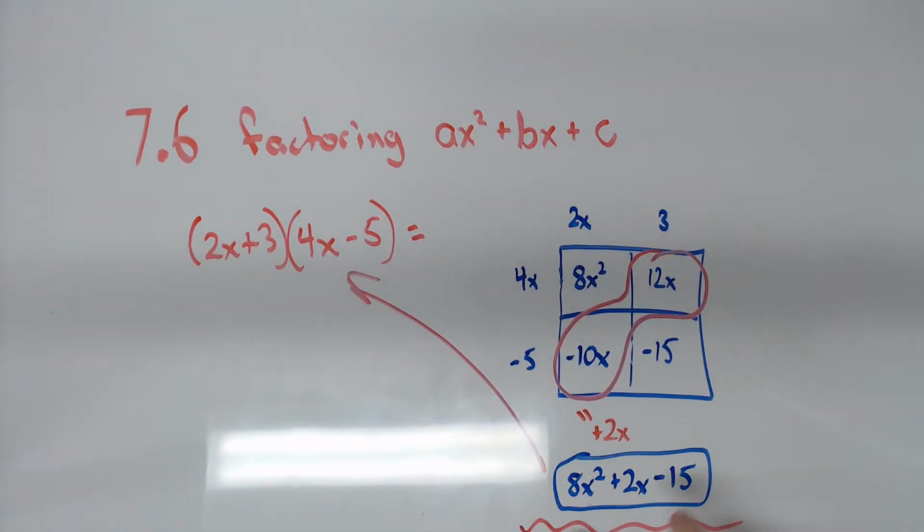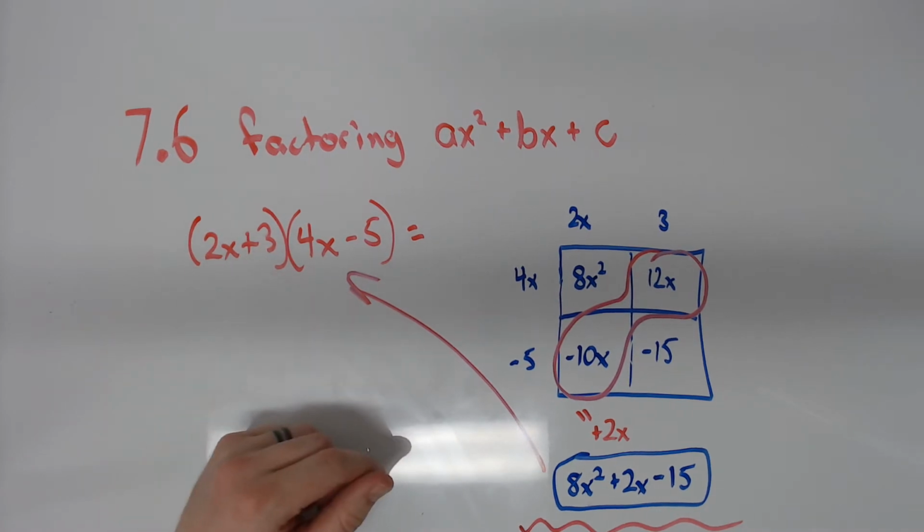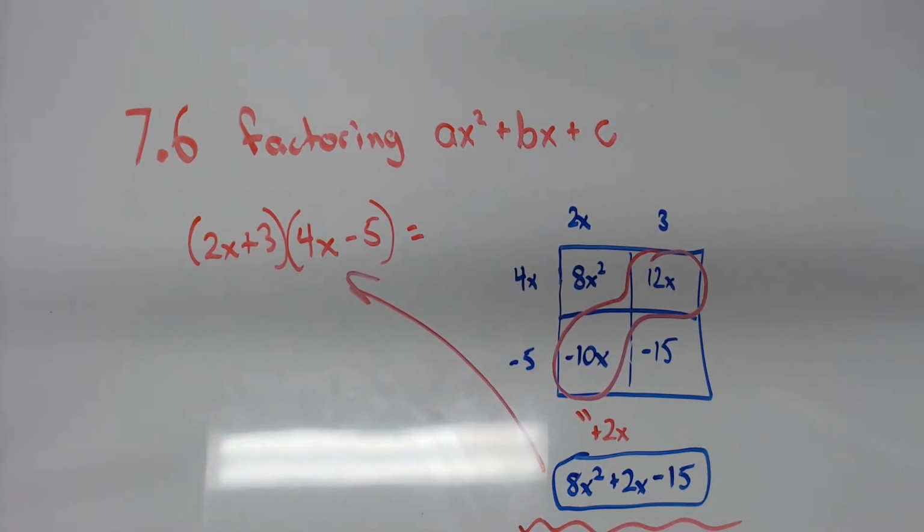A, b, and c are just these numbers. So a would be 8, b would be 2, c would be negative 15, and turning it into a factored form. It's pretty much going to be the rest of this unit, learning how to factor everything and anything under the sun that has numbers that let us factor. So let's look at one full example and see what the steps are.